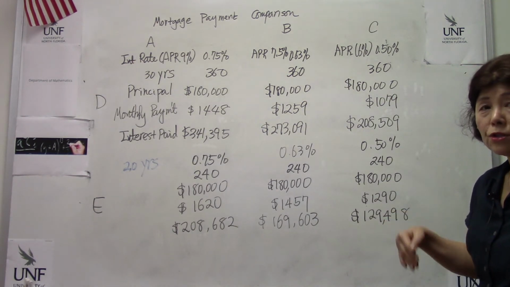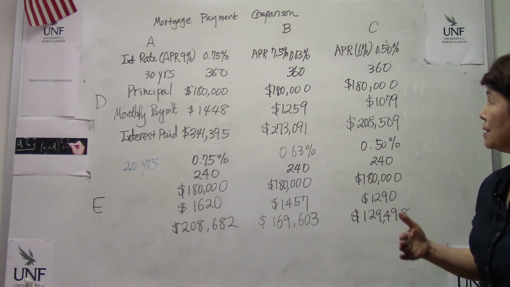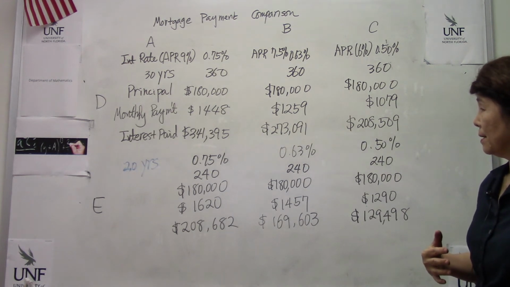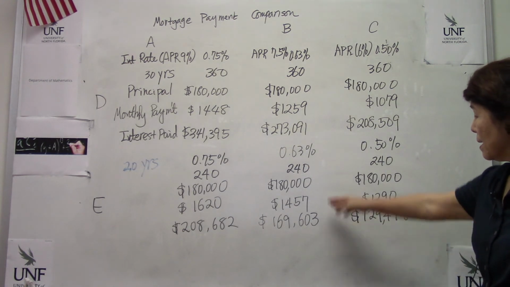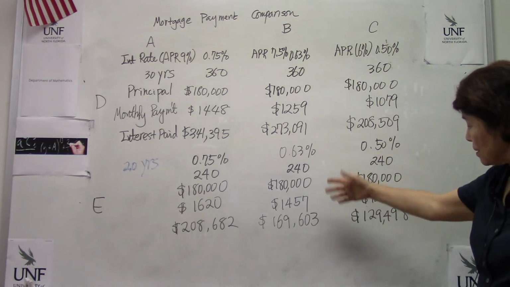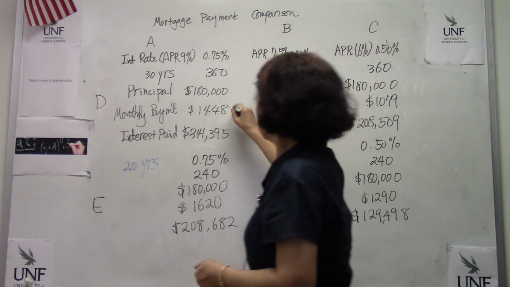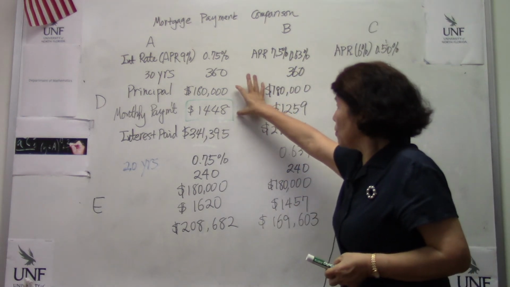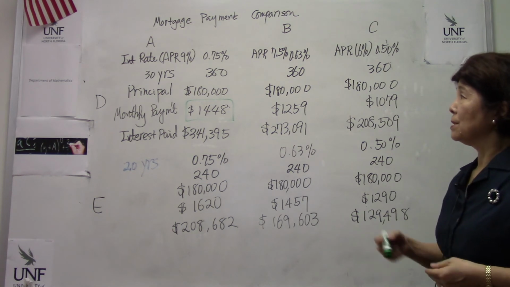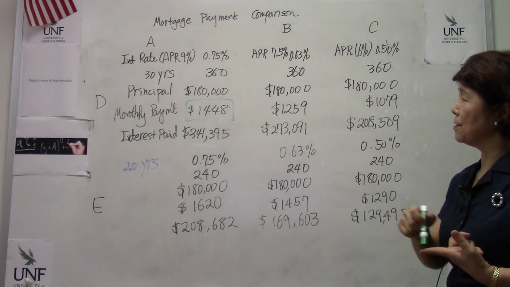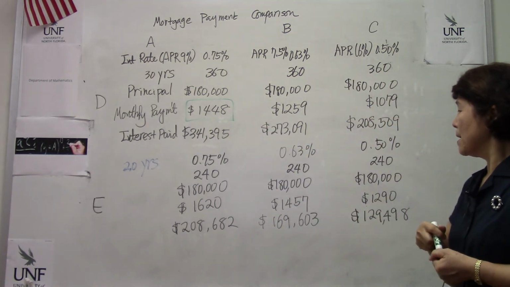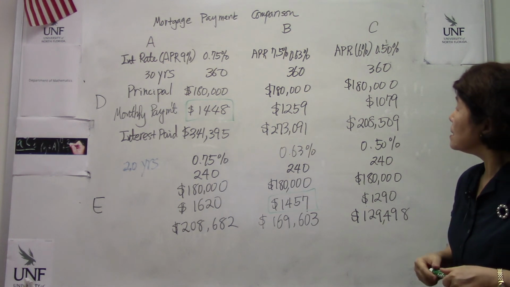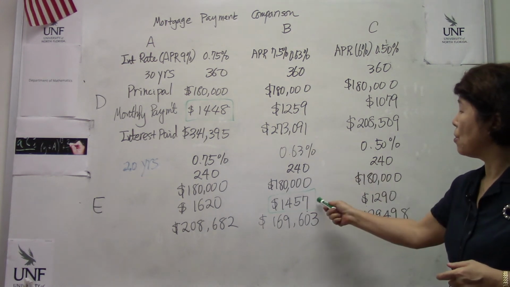Okay, so once you understand the mathematics behind this mortgage payment, you will know what to do. Look at here, practically, what is the closest amount to this? $1,448. This is the least favorable option, but sometimes you have no choice. APR 9%, 30-year period, monthly payment is this. It's pretty close to this one, which is APR 7.5% and a 20-year term.